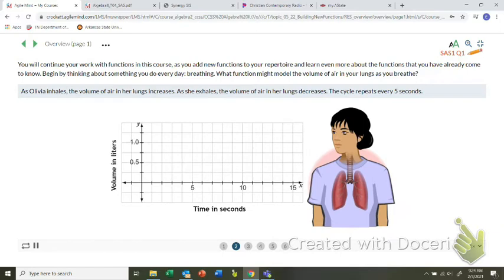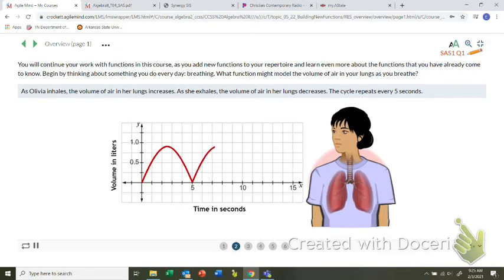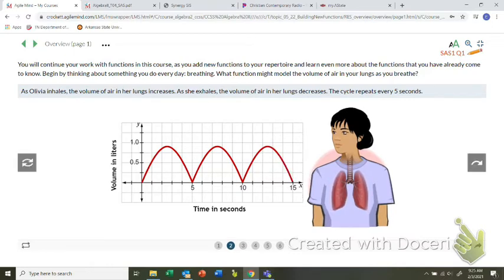Every time we inhale, our parabola goes up. When we exhale, it goes down. When we go up, we inhale. And we exhale. We inhale. And then we exhale. All right, it says, as Olivia inhales, the volume of air in her lungs increases.